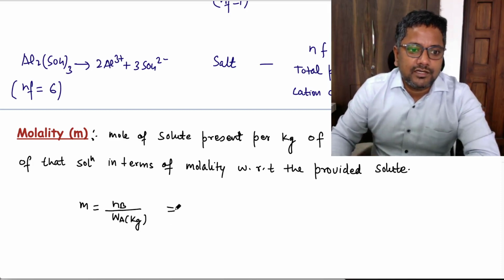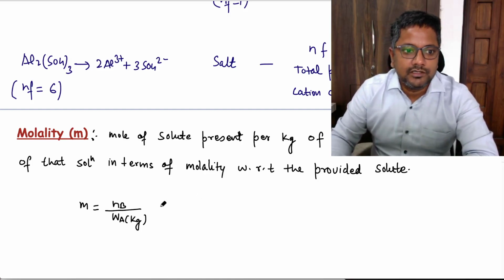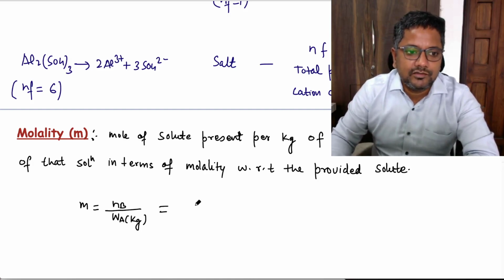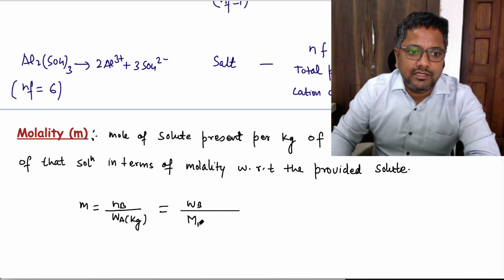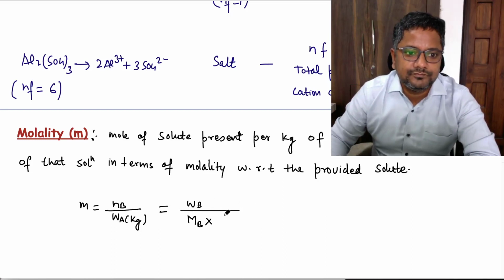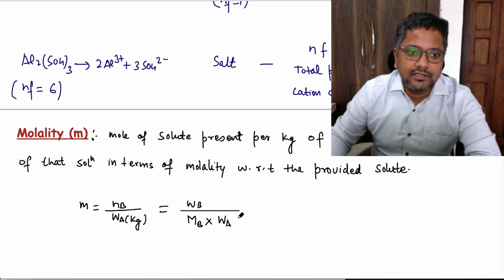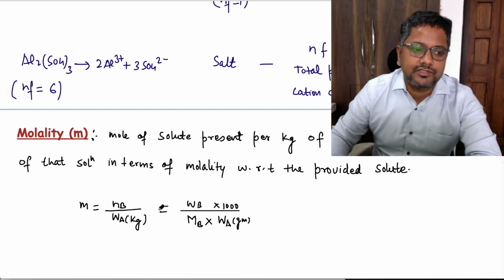Now you can simplify this. Molality equals mass of B divided by molar mass of B, into mass of A, and if it is represented in grams, you have to multiply with 1000.